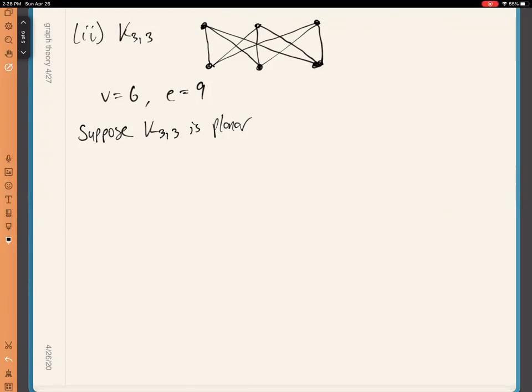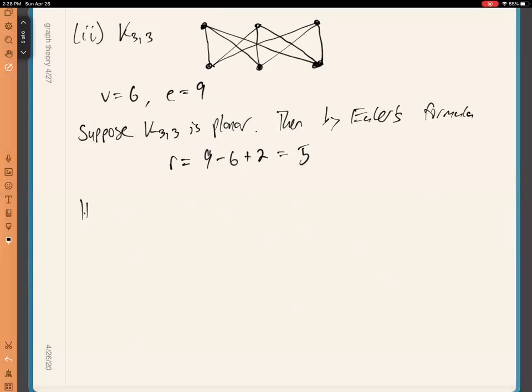So let's suppose there's some way to draw it, which is not the way I drew it here, in which there are no edges crossing. Then again, by Euler's formula, the number of regions would be equal to the number of edges, which is 9, minus the number of vertices, which is 6, plus 2. And so there would have to be 5 regions.